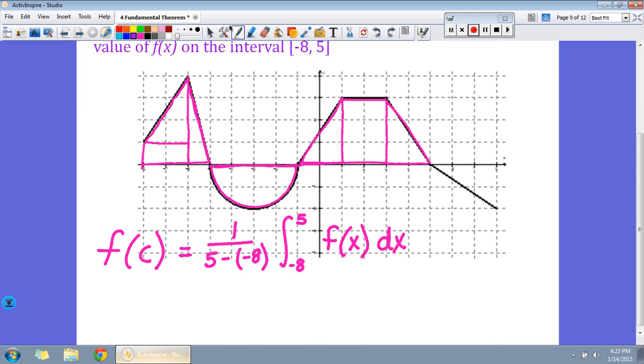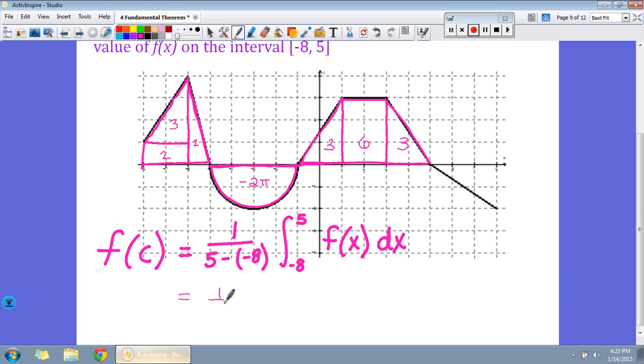So here, I've broken it up into different pieces. This is the area of 2, area of 3, area of 2, area of negative 2 pi. It's negative because it's below the x-axis. Area of 3, area of 6, and area of 3.